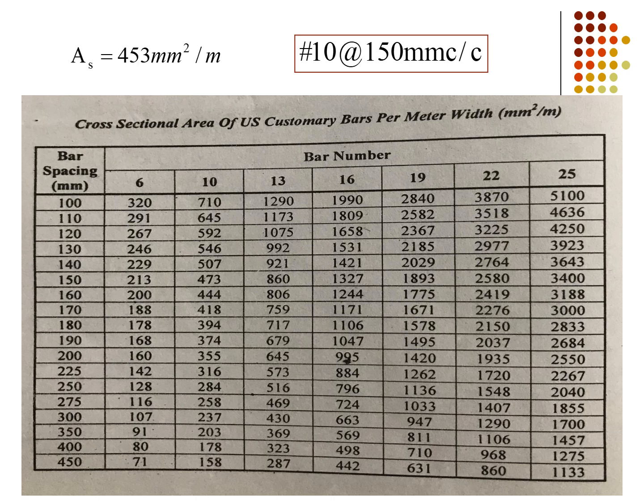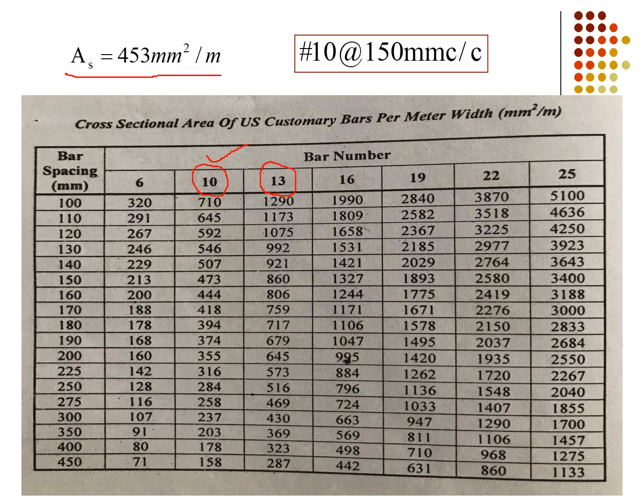Now I will give you one example. Let's say I have area of steel equal to 453 millimeter square per meter. First, from the table I need to choose what size of bar I am considering. In the case of a slab, we can choose either number 10 bar or number 13 bar. For this example I am considering number 10 bar.